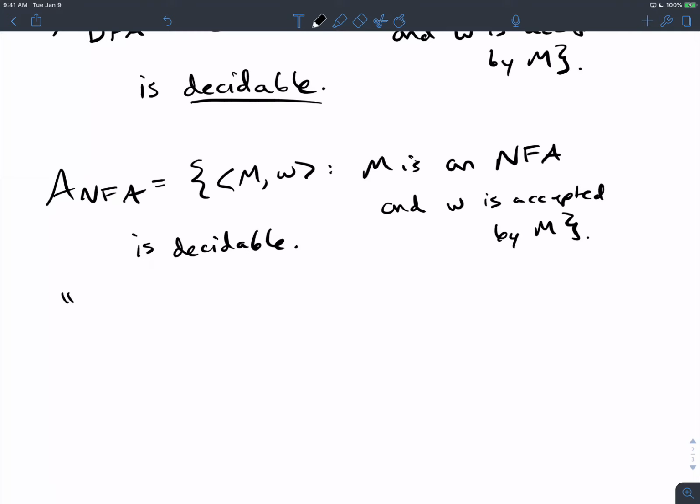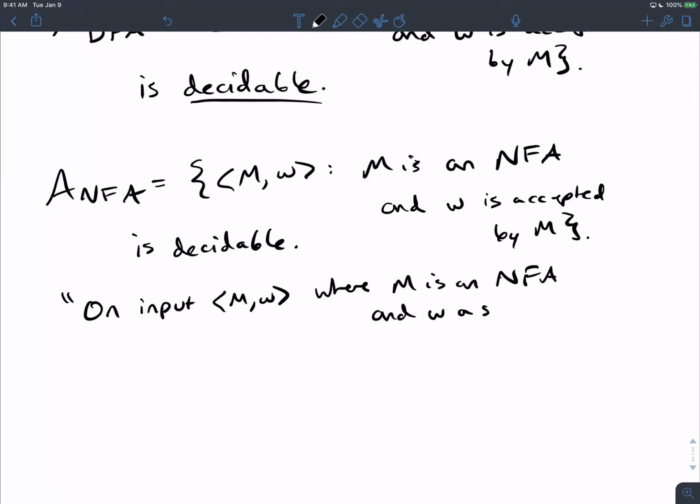So if we want to write a high-level description, remember, we have to do this on input <M, W>, where M is an NFA and W a string. Okay, so you should note something here. Look at the description of the language itself.